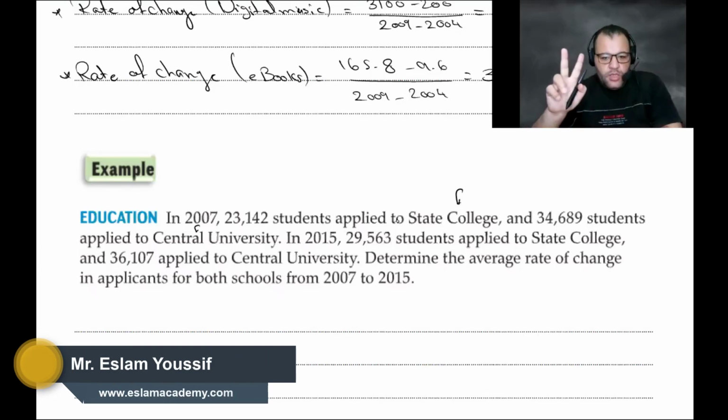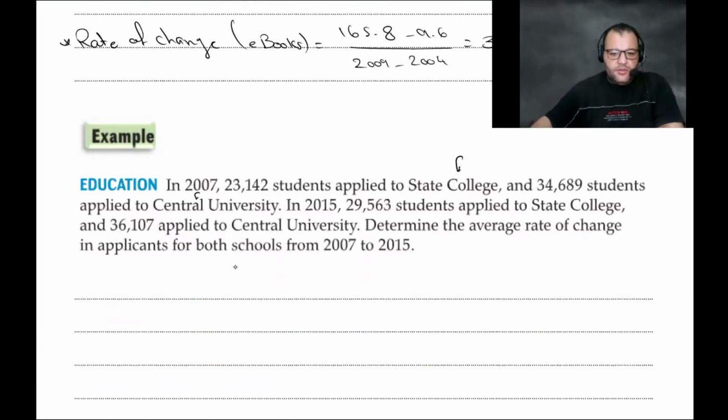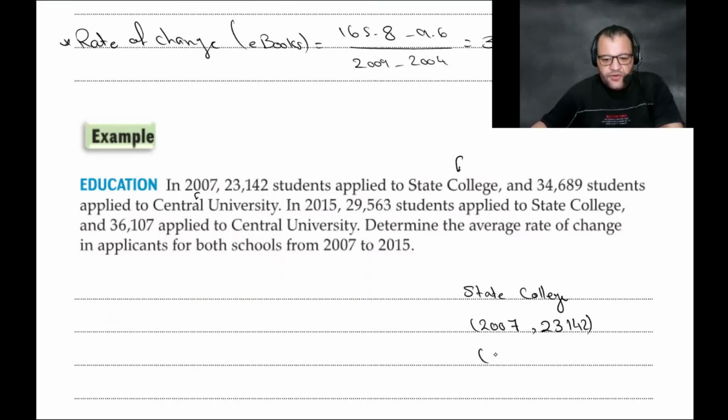Now we have two schools. The first one is State College. In 2007, the number of students was 23,142, and in 2015, the number of students was 29,563.